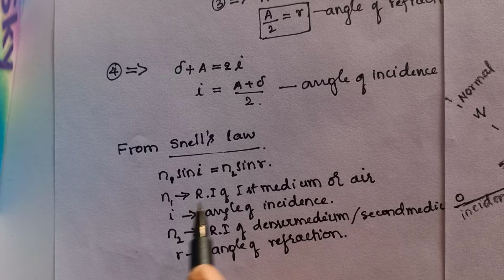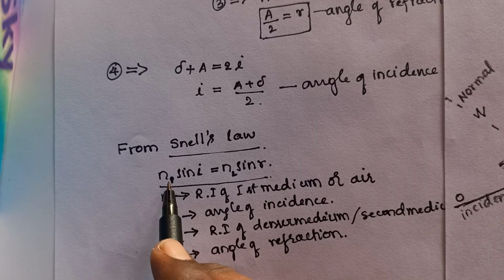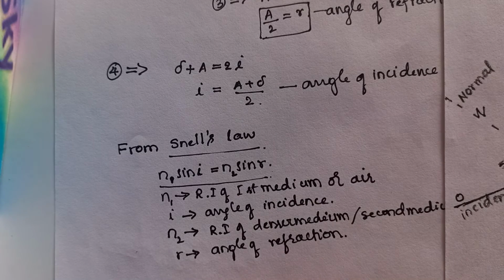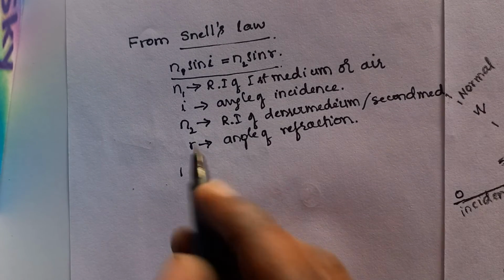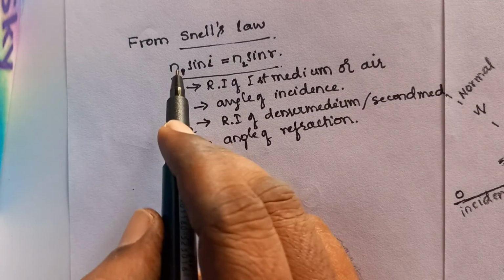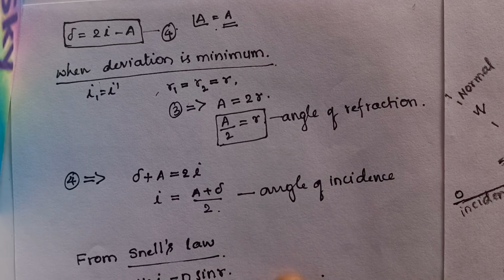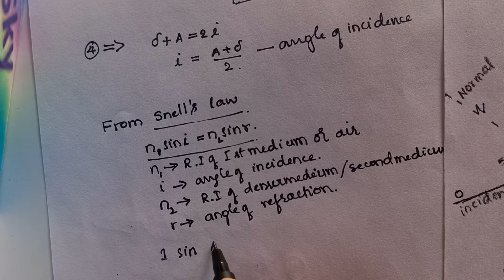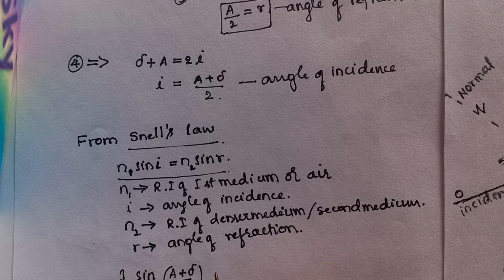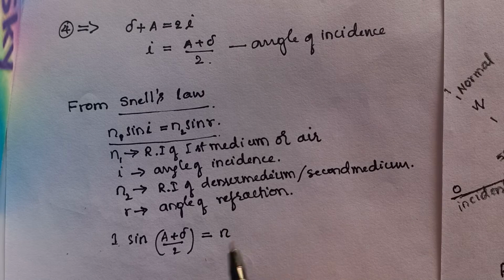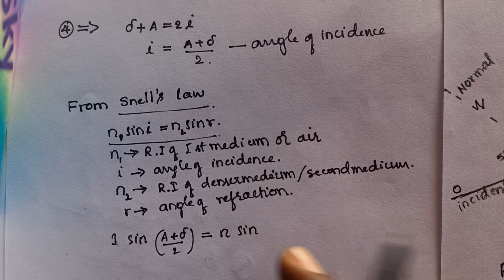N1, the refractive index of the first medium or air, is 1, and sin I, the angle of incidence, that is sin of A plus delta by 2, is equal to the refractive index of the second medium N times sin R, which is A by 2.